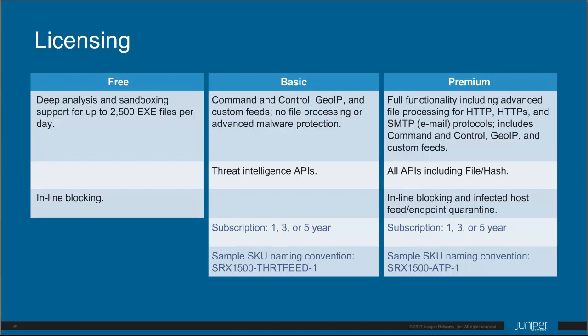And we will be able to do inline blocking, but also quarantine for infected hosts. So we'll be able to quarantine hosts that have been targeted and infected by malware. The subscription model is the same as basic, so we can have a license for 1, 3, or 5 years. And here you can also see, for both of them, a sample of a SKU or part number.